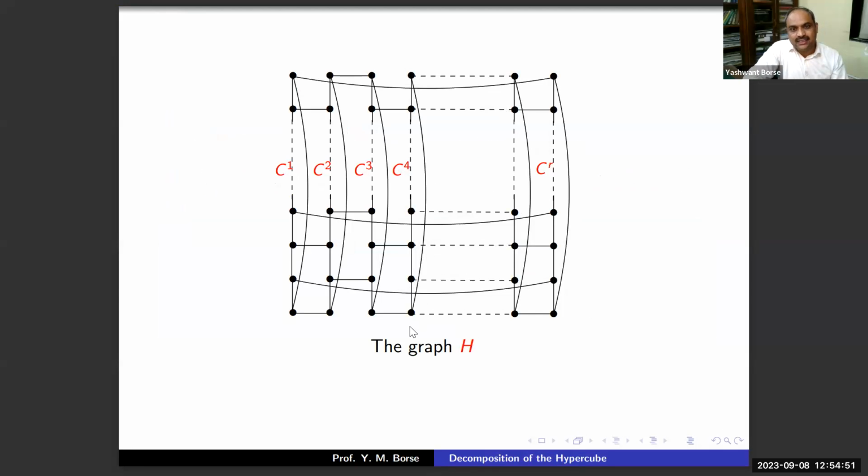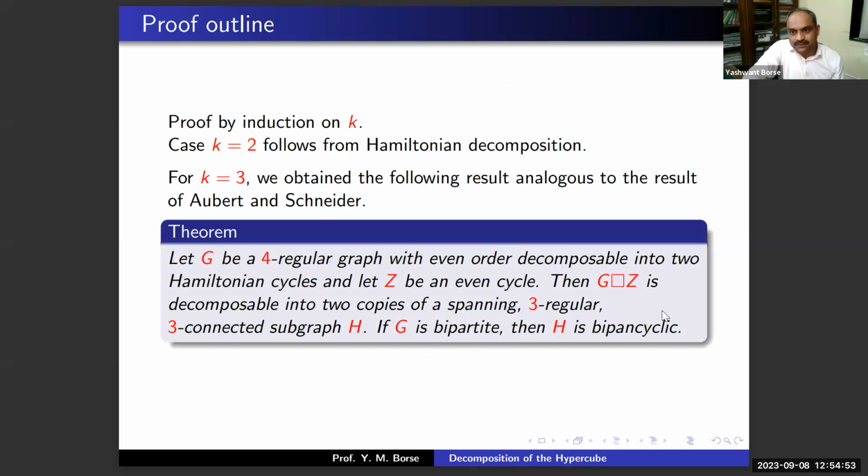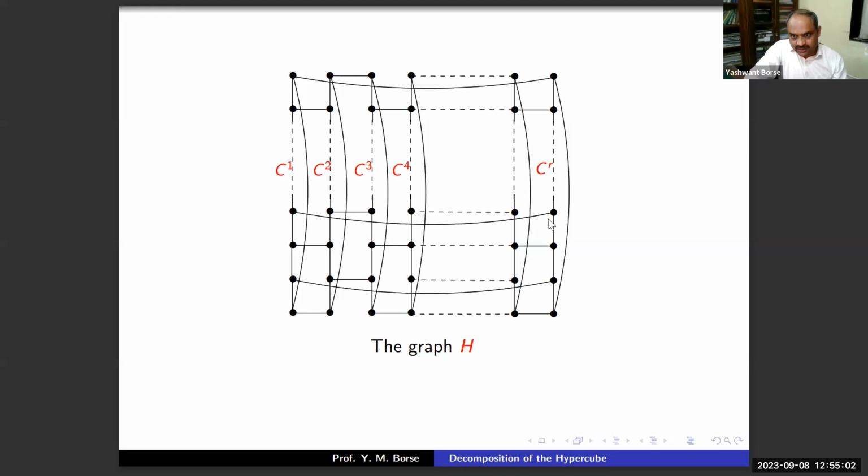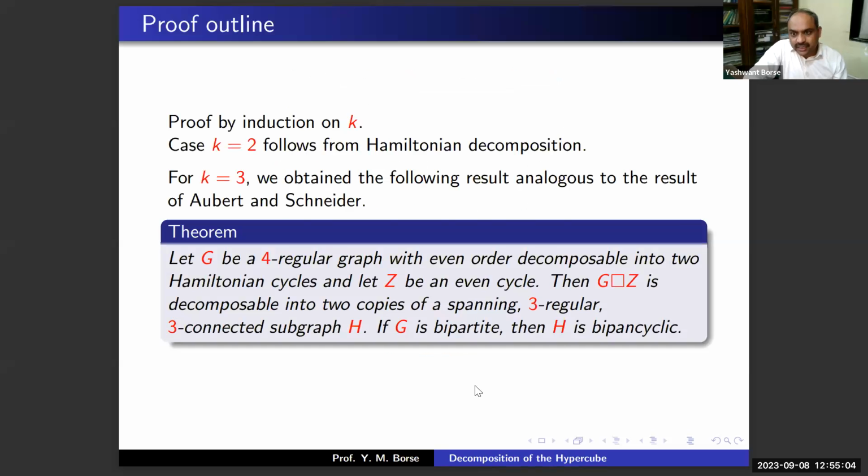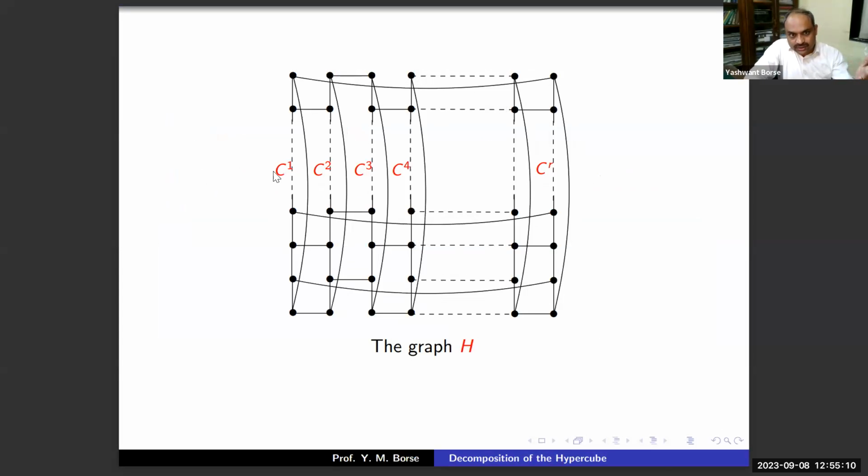So this graph G product Z is a 6-regular graph. We decompose it into 2 copies of a 3-regular graph. One copy I have suggested here. So G is C union D, product Z. So C becomes copies C1, C2, C3 up to CR, and these copies of Ci we are joining by matching this way.